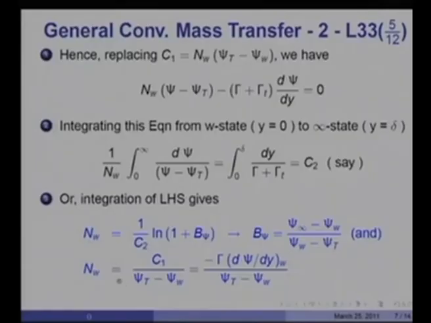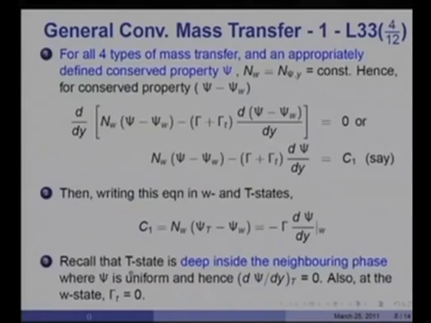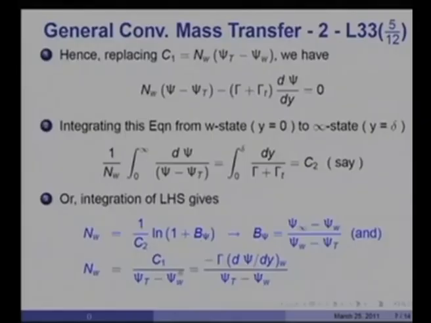And N_W from the previous slide would be C1 divided by (psi t minus psi w), and that would equal minus gamma d psi by dy at w over (psi t minus psi w). So, we have one equation of this form and the other equation of this form, the first containing C2 and the second containing C1.